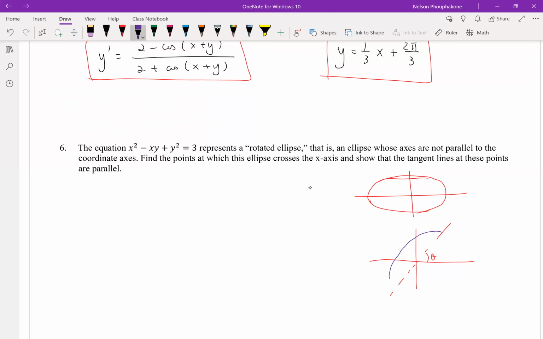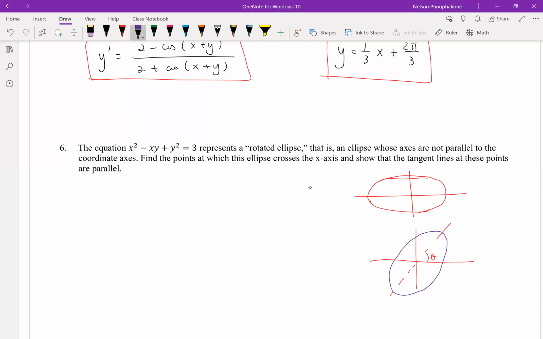We have an ellipse like this. So this is the idea about the rotated ellipse: an ellipse whose axes are not parallel to the coordinate axes. We would like to find the points at which this ellipse crosses the x-axis and show that the tangent lines at these points are parallel.